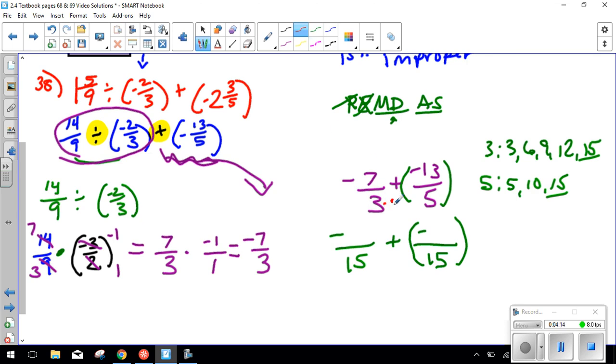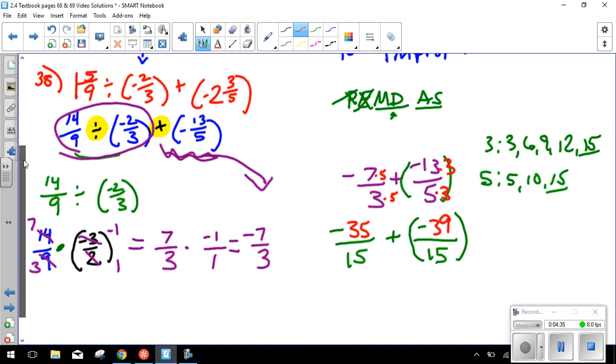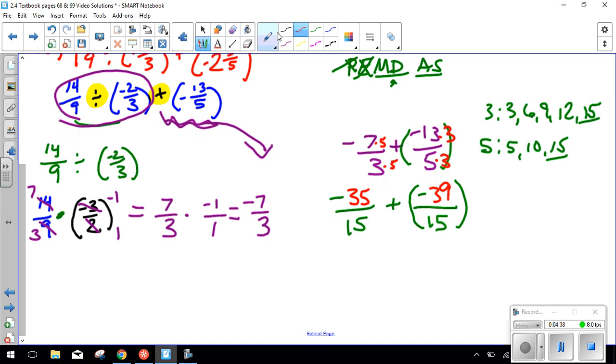So 3 times 5 gives me 15, so 7 times 5 gives me 35. 5 times 3 gets me to 15, so 13 times 3 gets me to 39. Okay, I do have a lot of my numbers crunched in front of me, so if I'm doing some of this too fast, feel free to take a couple of extra steps.